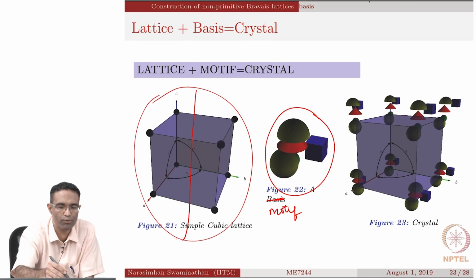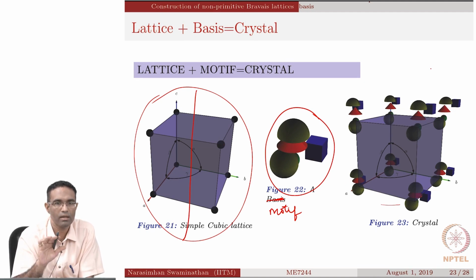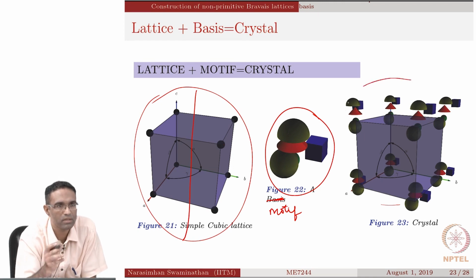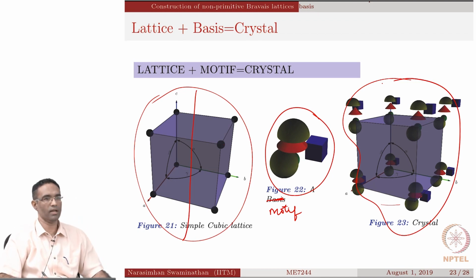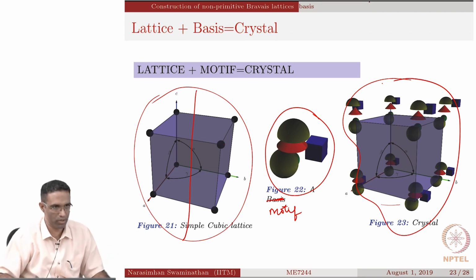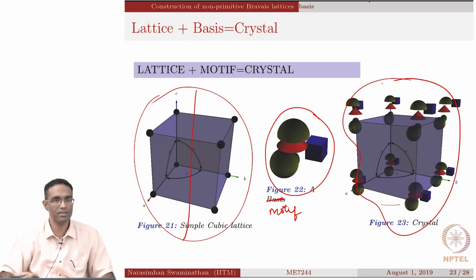For example, it had a fourfold symmetry about this point, right? But the second I put this motif at these points, some symmetry gets lost. But the property of the crystal is actually going to depend on how these motifs are arranged around the lattice points, so to speak. That is the reason why we need to start looking at the symmetry associated with these crystal structures.